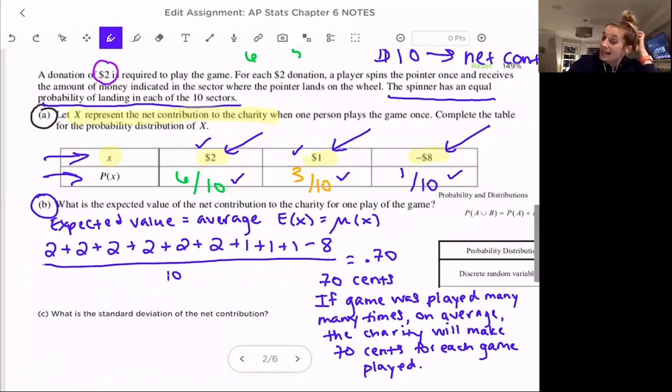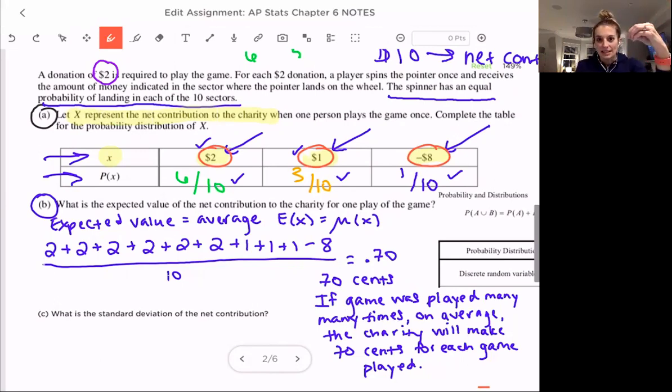Now, something to keep in mind is that winning 70 cents, like the charity netting 70 cents off of a player, wasn't one of our original options. Remember what our original options were. The charity could get $2, $1, or they could actually lose $8. So our expected value is not an outcome that can occur in the game.